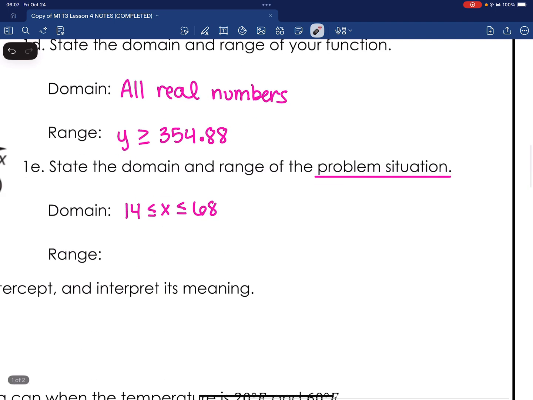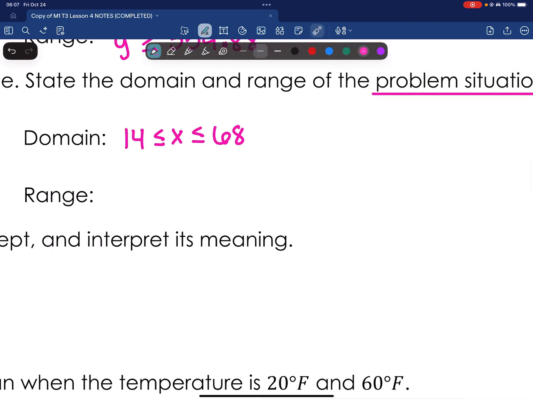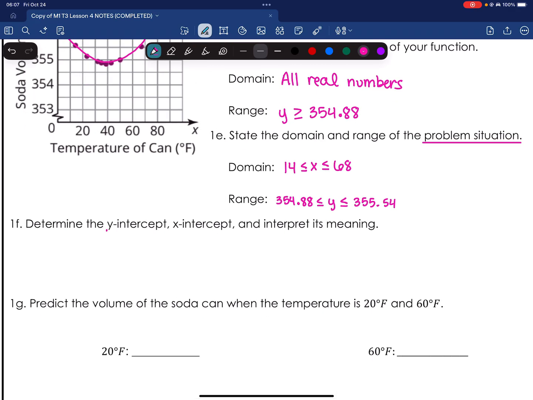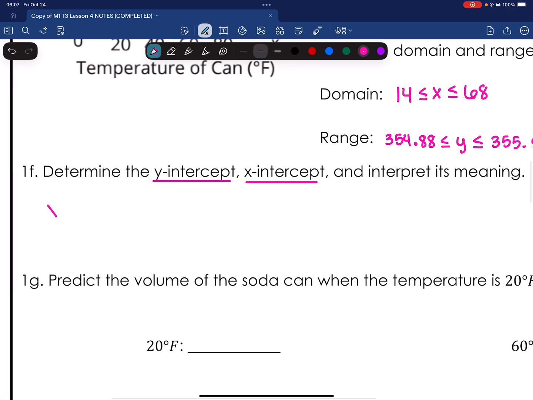So our range is going to go from 354.88 less than or equal to y, less than or equal to 355.54. Okay, so now it says determine the y-intercept, the x-intercept, and interpret the meaning. So let's go ahead and write this down.